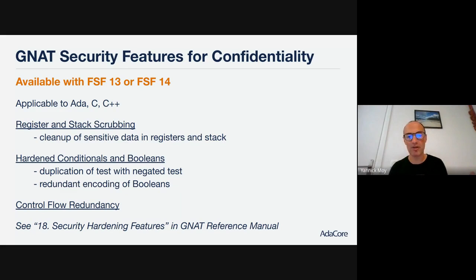Some of them are already available, and all of them should be available next year. That's scrubbing the register and stack to not leave any secrets, hardened conditionals, so that the test and the negative test are done in sequence, redundant encoding of Booleans, and finally checking that the right control flow was applied and no branch was ignored.